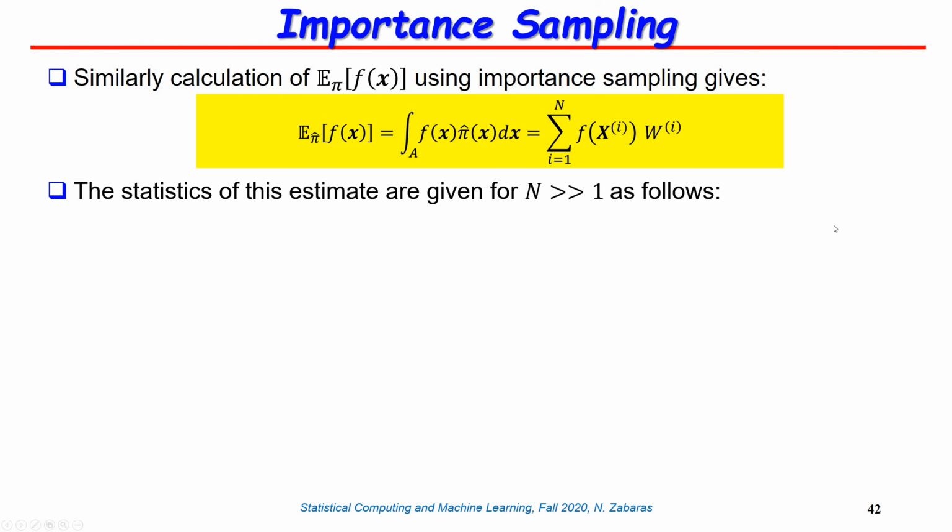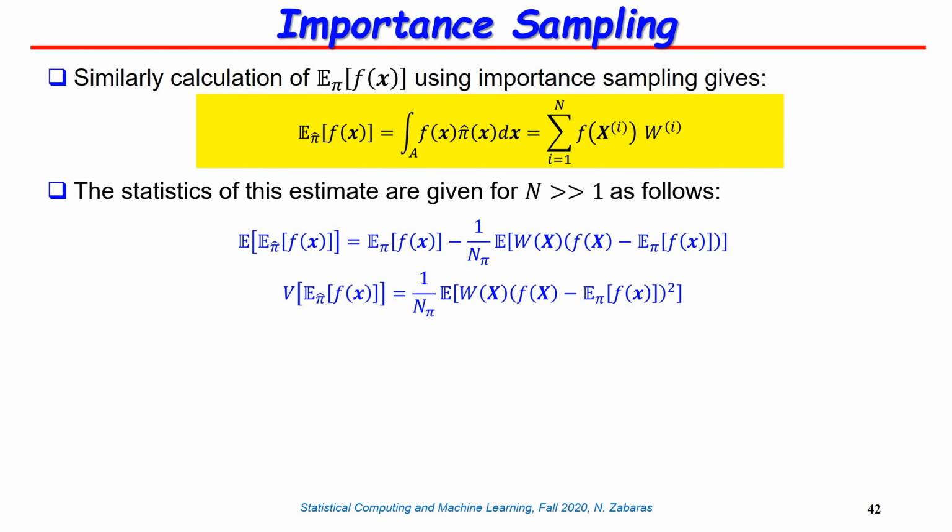How about a central limit theorem for importance sampling? We can come up with that. And you remember, when we discussed importance sampling, we used the delta method to show you that importance sampling estimates are biased.